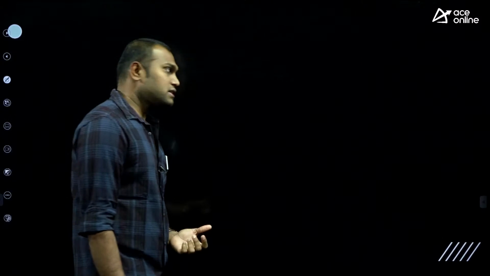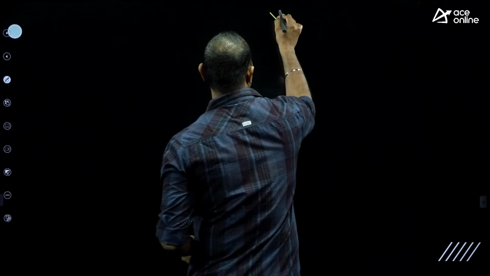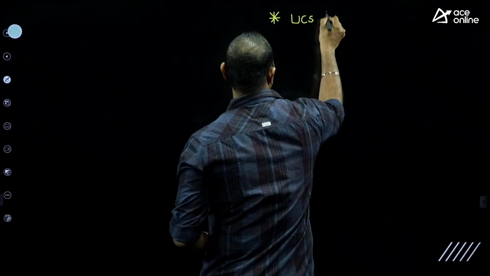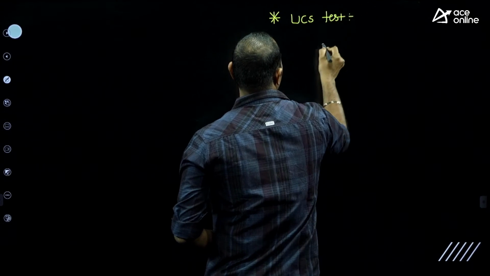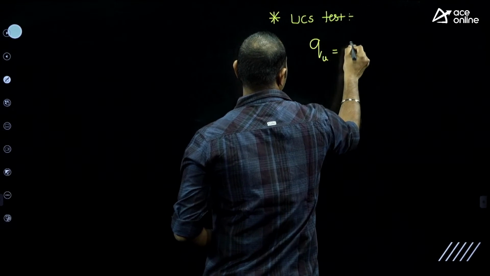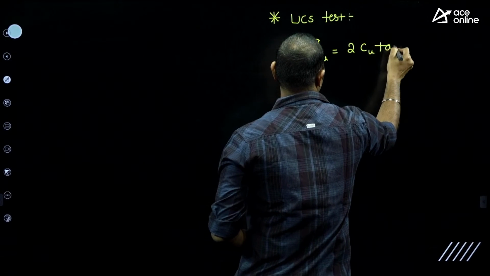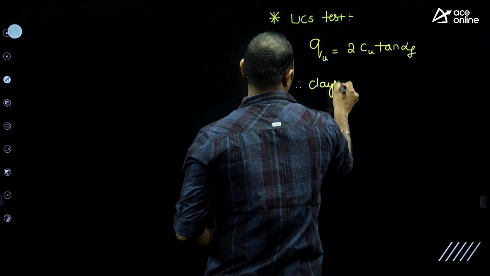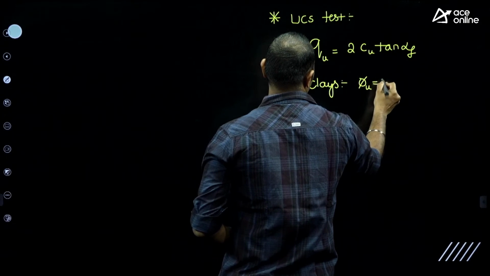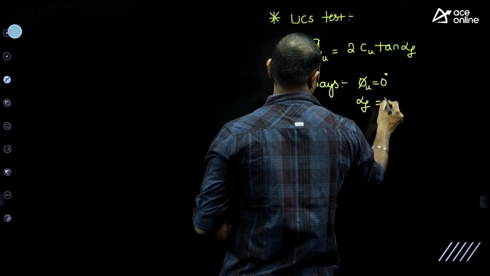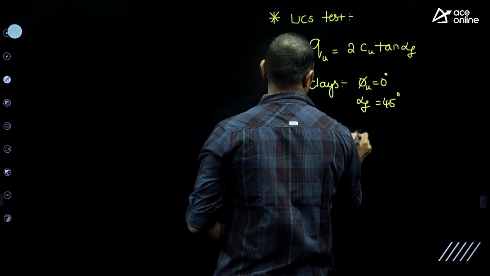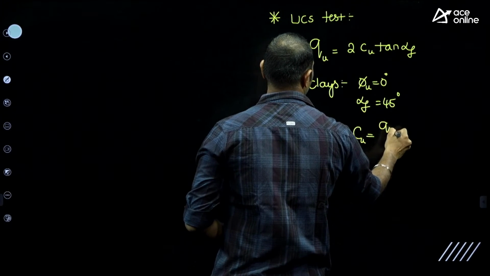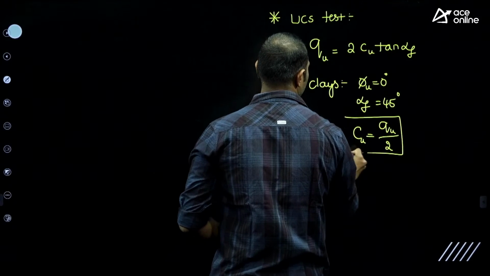And again, they may ask about the UCS test, the unconfined compressive strength test, where the unconfined compressive strength is nothing but 2 Cu tan alpha f. In the case of clays, phi u is 0 degrees and alpha f is 45 degrees, so the cohesion is half of the unconfined compressive strength.